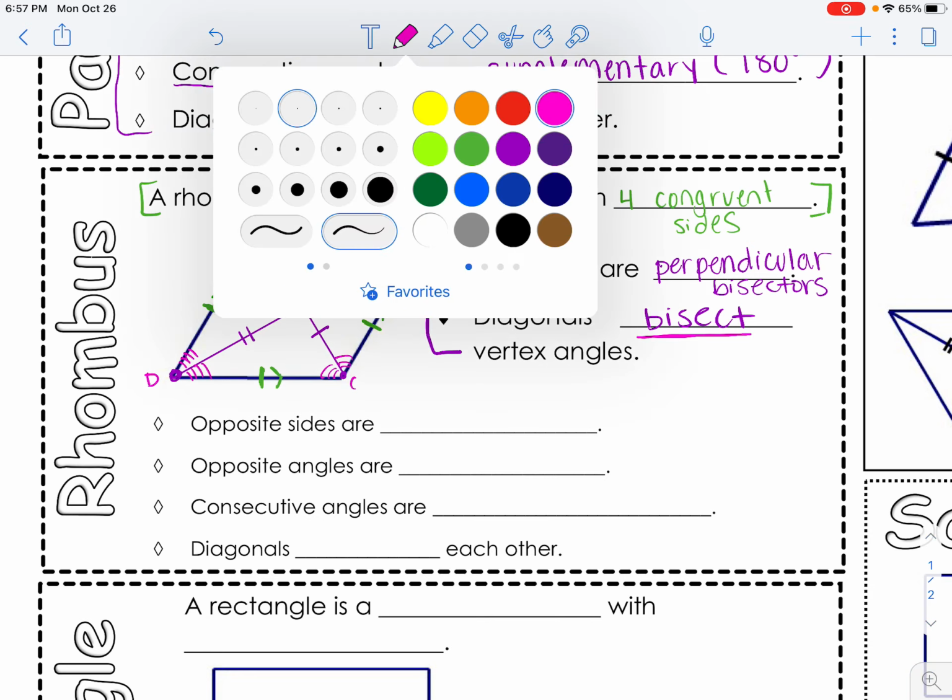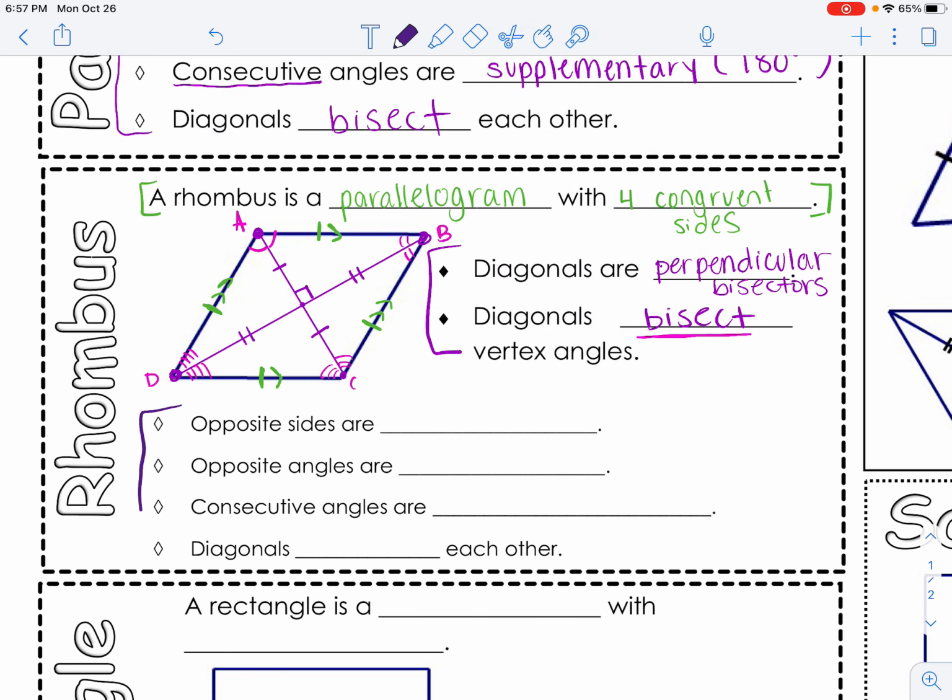Now we're going to get into these properties that we get once we know it is a rhombus. The first one is that opposite sides are congruent. Now, we know that this is true. We know that all four sides are congruent, really, but opposite sides are congruent specifically.